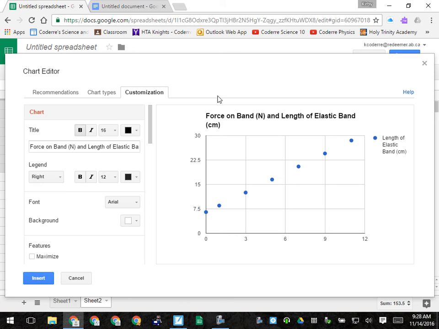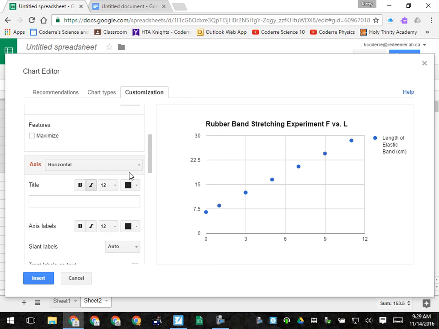For customization, force on band, I might just shorten that to something else like force versus length.